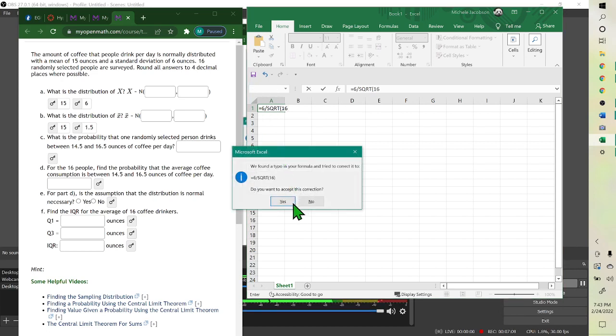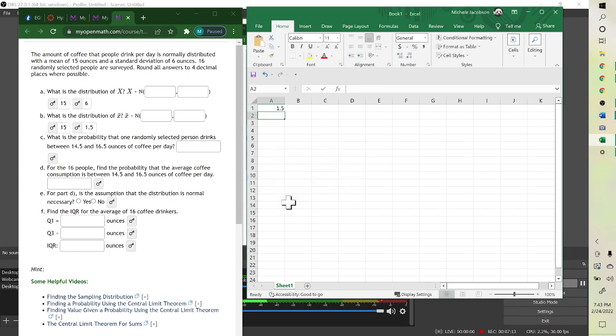Oh, I didn't close the parenthesis. It closed the parenthesis for me. But equals 6 divided by the square root of 16, 1.5.